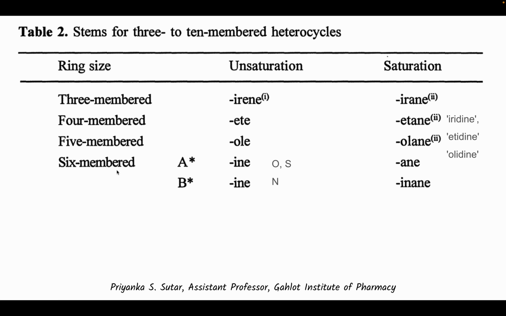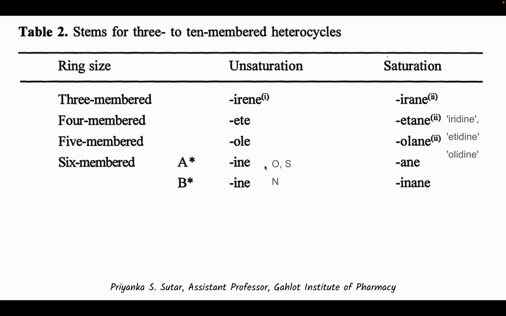Then if the compound is 6-membered and it contains nitrogen as the heteroatom and the heterocycle is unsaturated, then you can use INE. And if the compound is 6-membered and saturated and it contains the heteroatom nitrogen, then for the saturated compound you will use the stem INANE.